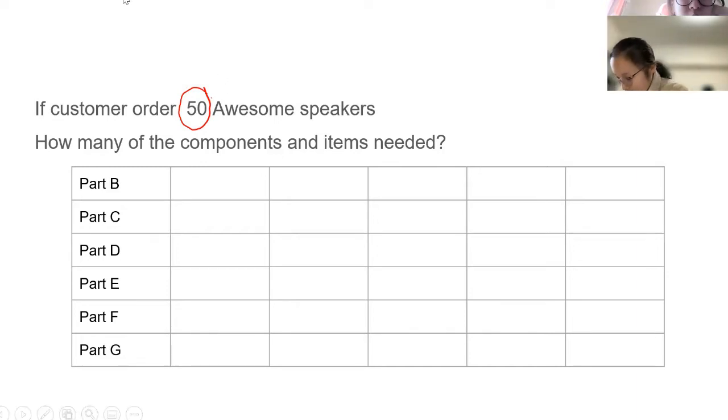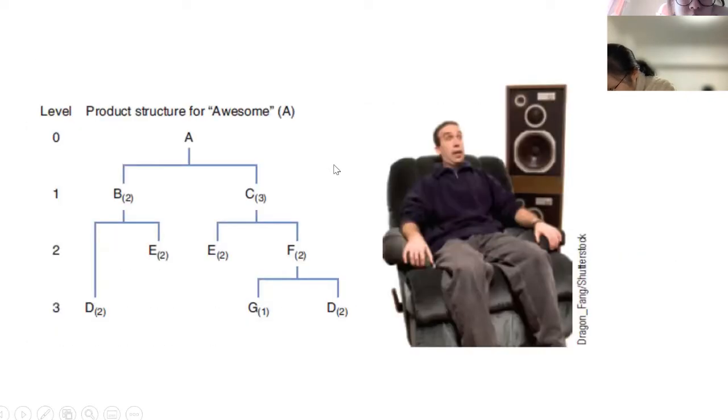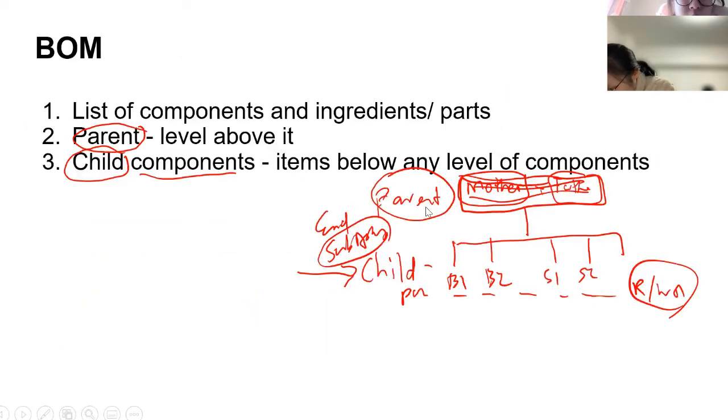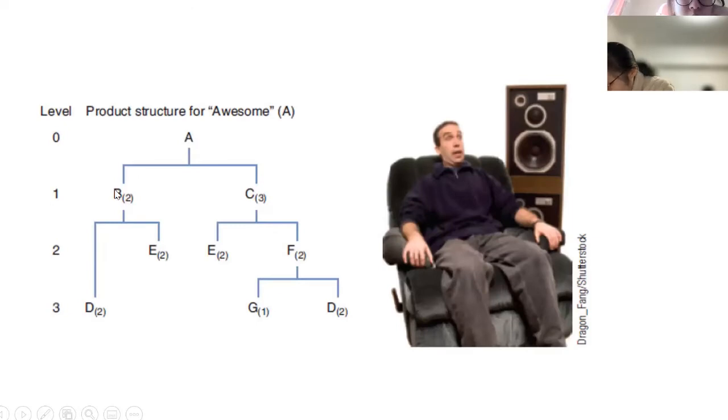I just explained to you that this is the bill of material. We have parent, we have child. This is the bill of material for this product, awesome, which we call A. A is made up of 2B and 3C. That means to make 1A, you need 2B and 3C.